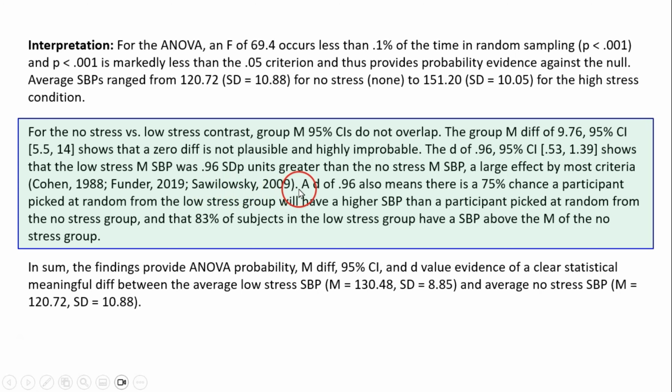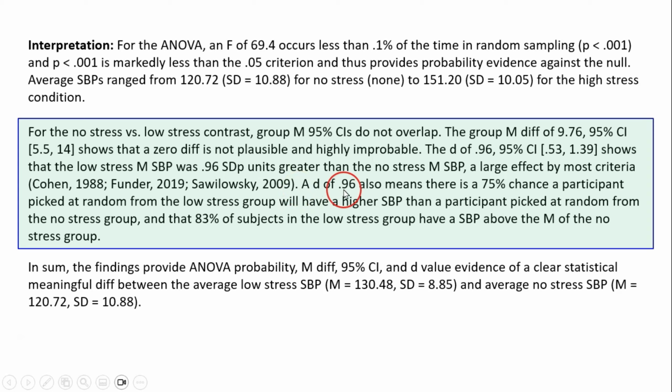Now I want to add a little bit more about that d. So here's a couple of statistics. One is the probability of superiority that I mentioned earlier in the semester. There's also another one here that I'm going to mention. Let me go ahead and read through this first.